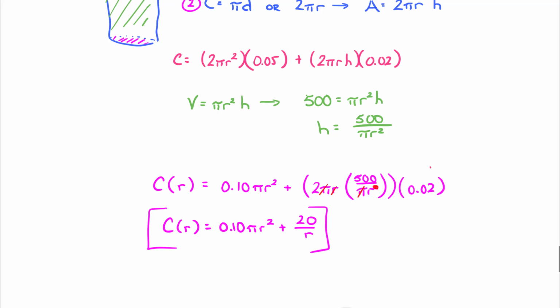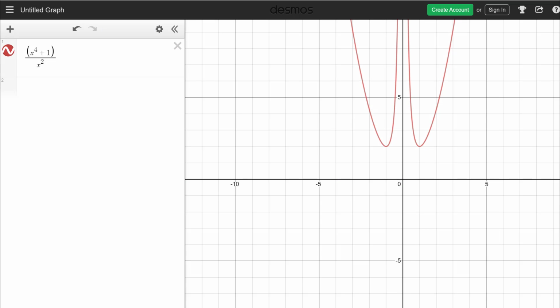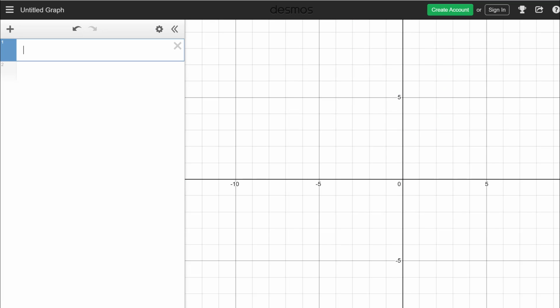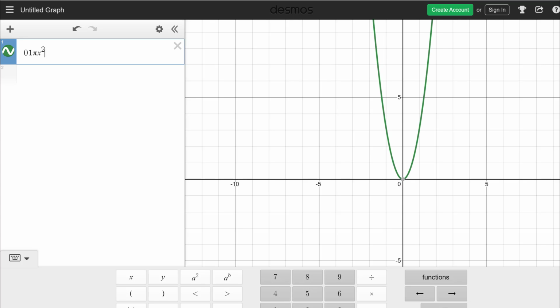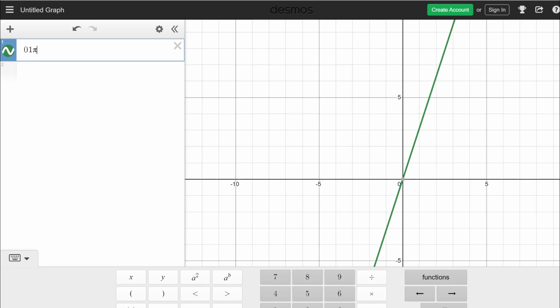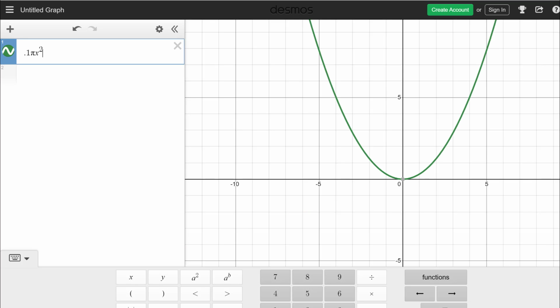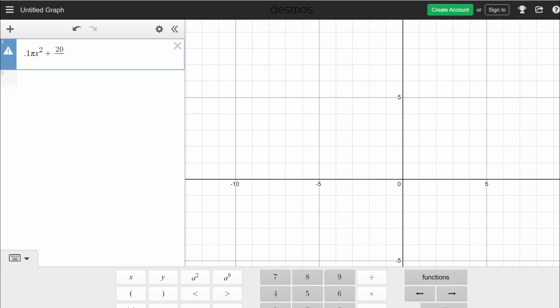Well, now I'm not having so much luck. There we go. Okay, so let's see if I can remember it off the top of my head. I probably won't. It's 0.1 pi x squared, plus 20 over x.